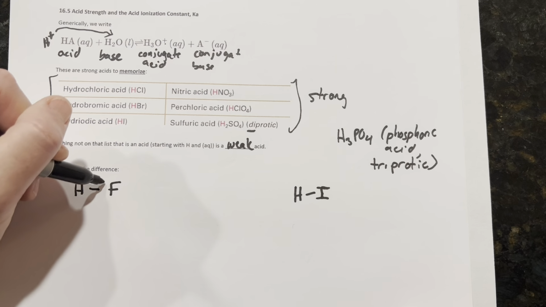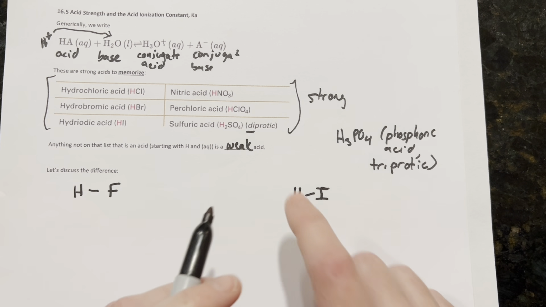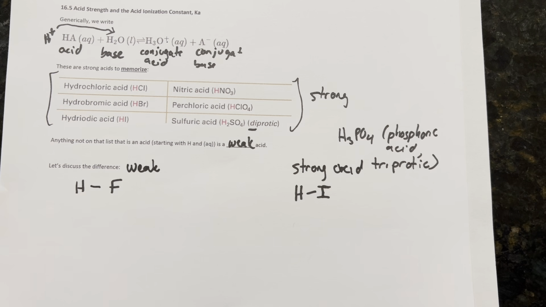This is a really small atom that it's bound to, and iodide is much bigger, and that's why H is able to leave more easily. This is the strong one, and in fact, I'm going to start with discussing the strong one. And this over here is a weak acid, because HF starts with an H, and it's not on that list. That is how you know it's a weak.